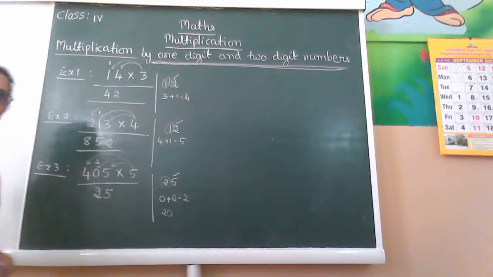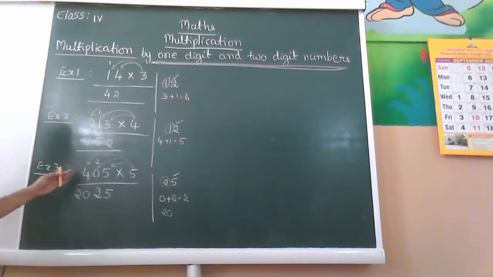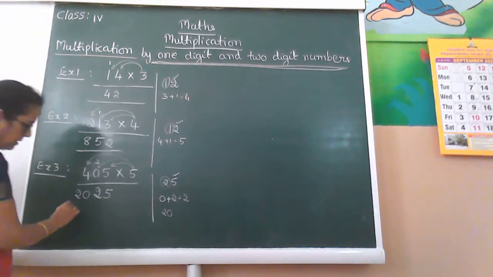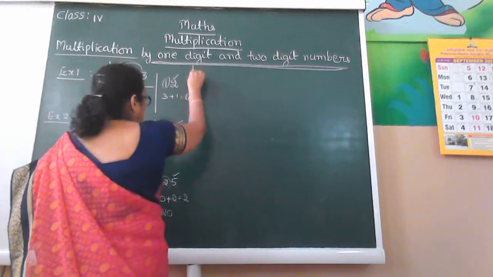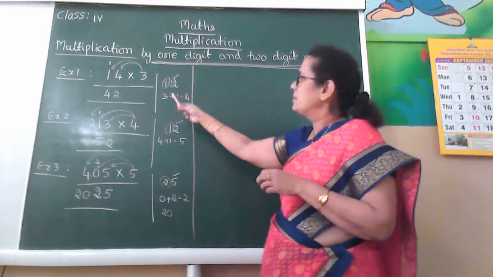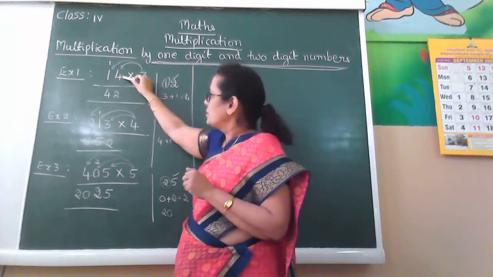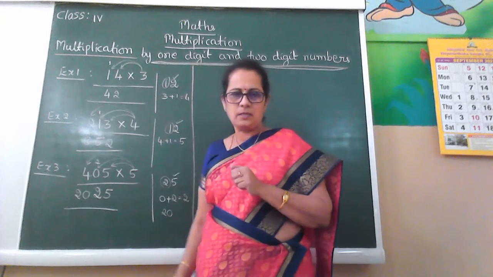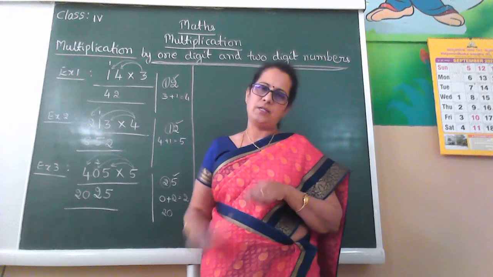So write this 20 here, because there is no other number here. So write 5 fours are 20 as it is. So this is what? The multiplication of a number by 1 digit. So we took 2 digit and 3 digit numbers. So, multiplication of a given number by a 1 digit number.